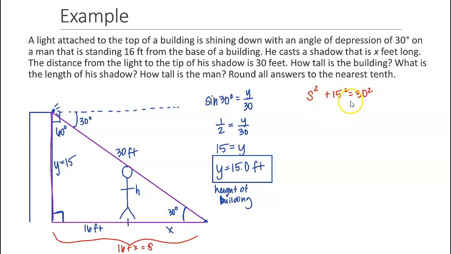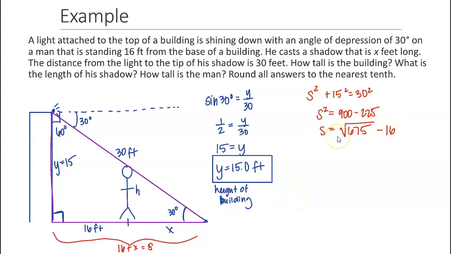So we can say s squared is 30 squared, so 900 minus 225, and then take the square root of that. So we're looking at the square root of 675, that's the whole thing, and then we can subtract 16 from it. So we can go that route.